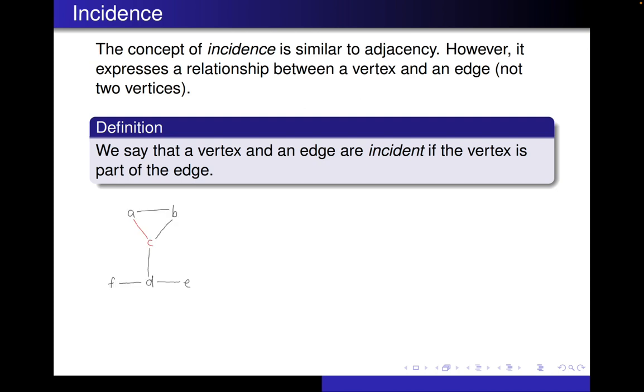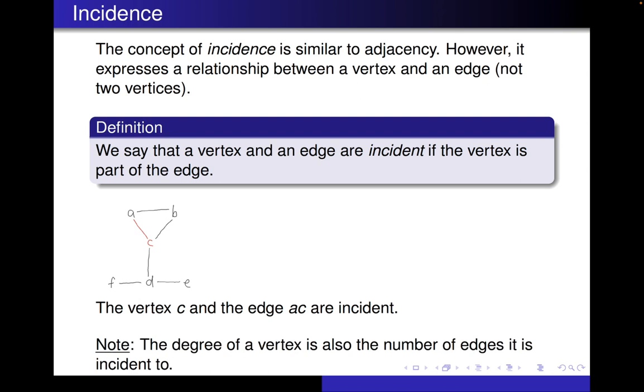If we look here, the vertex C is incident to the red edge between A and C. And so the vertex C and the edge AC are incident to one another. Now notice that a minute ago we talked about the degree of a vertex being the number of vertices that the vertex is adjacent to. Same thing. It could also be stated as the number of edges that it is incident to. You see that vertex C has 3 edges coming out of it, one going to A, one going to B, one going to D. That's 3 edges. That is degree 3.